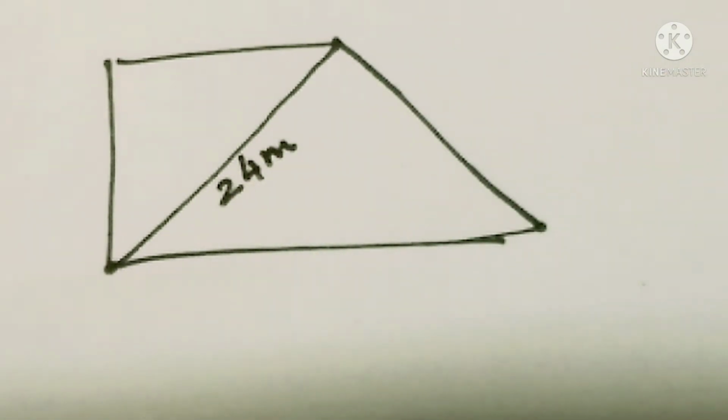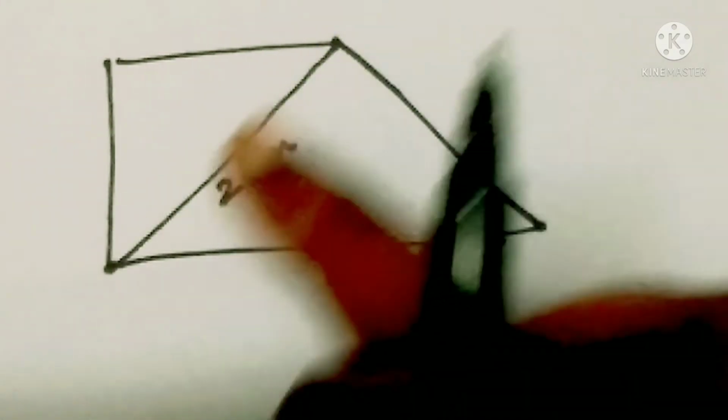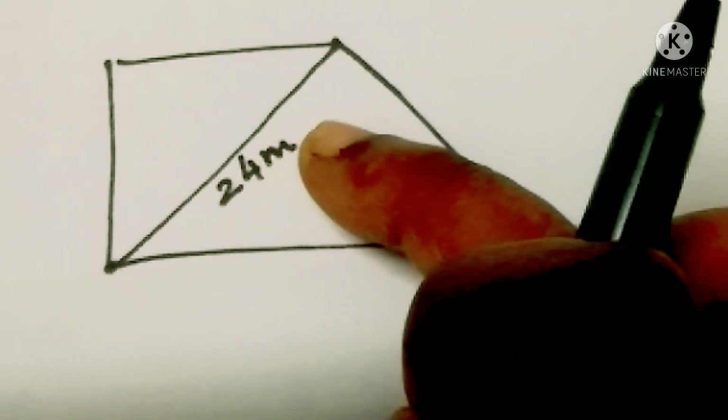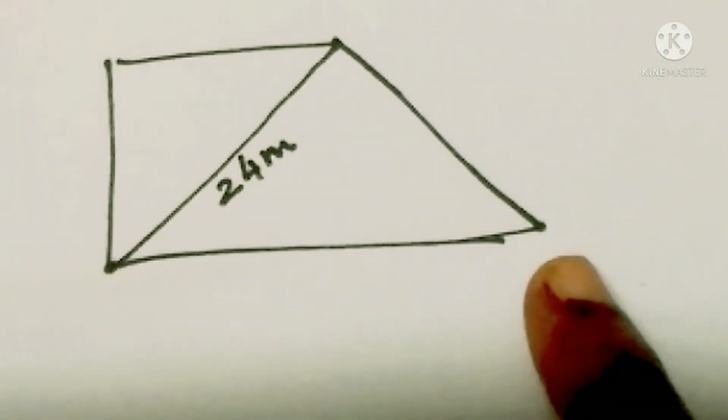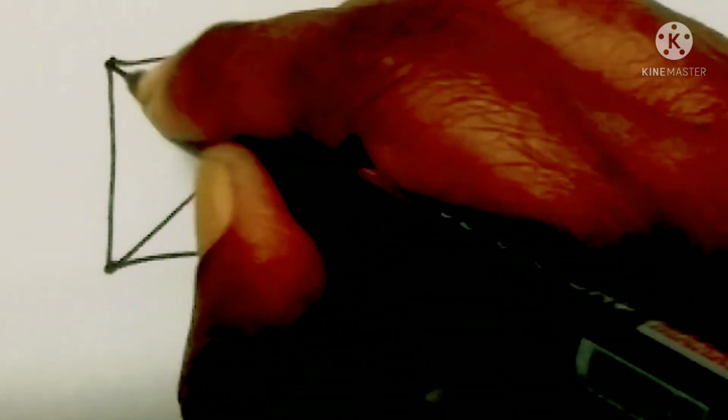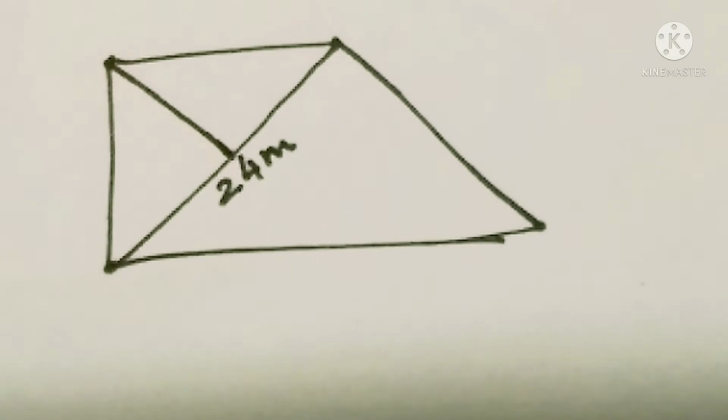Now, what other information is given? The perpendiculars dropped on it from the remaining opposite vertices. That is, here these two opposite vertices are joined by one diagonal. The other two opposite vertices are these two. So from there, if you draw a perpendicular, that is 8 meter and 13 meter long.